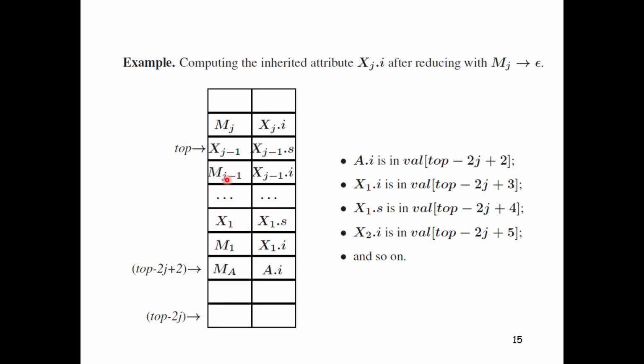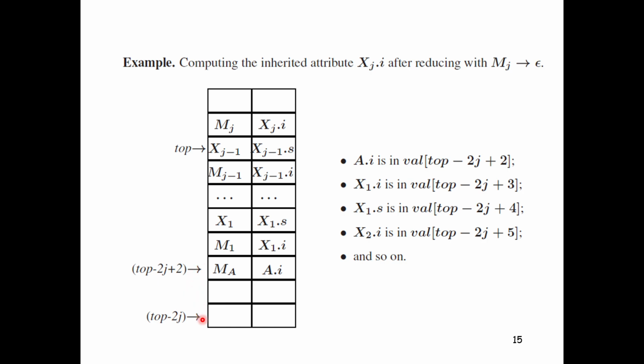Like that, till mj minus 1 xj minus 1, the inherited attribute of xj minus 1 and the synthesized attribute of xj minus 1 are stored along with this. Here we are computing the inherited attribute of xj, xj.i, that will be stored with the mj after reducing mj with mj gives epsilon. So if the top is at xj minus 1, A will be stored in top minus 2j plus 2.